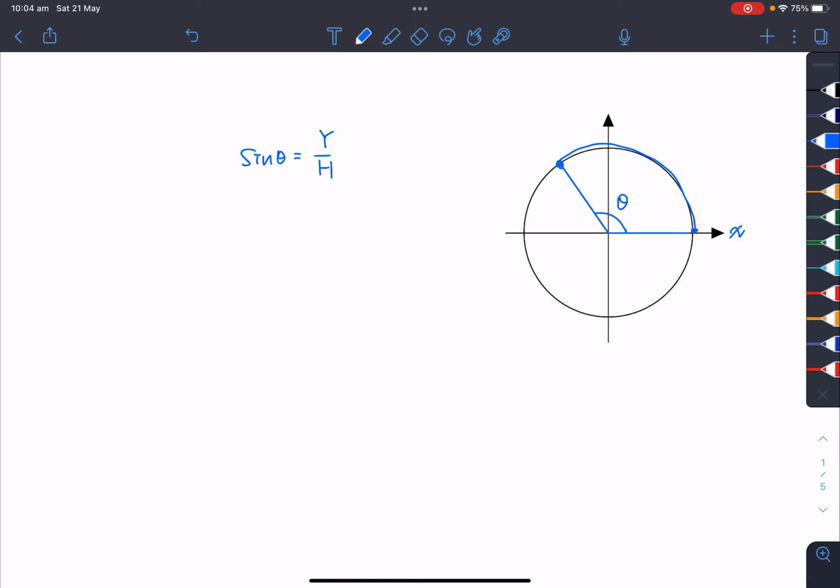The point P has an x coordinate and a y coordinate. The definition of sine theta is y coordinate over hypotenuse, h. Cosine theta is x coordinate over hypotenuse. And tangent theta is y coordinate over x coordinate. This is the definition from the unit circle.